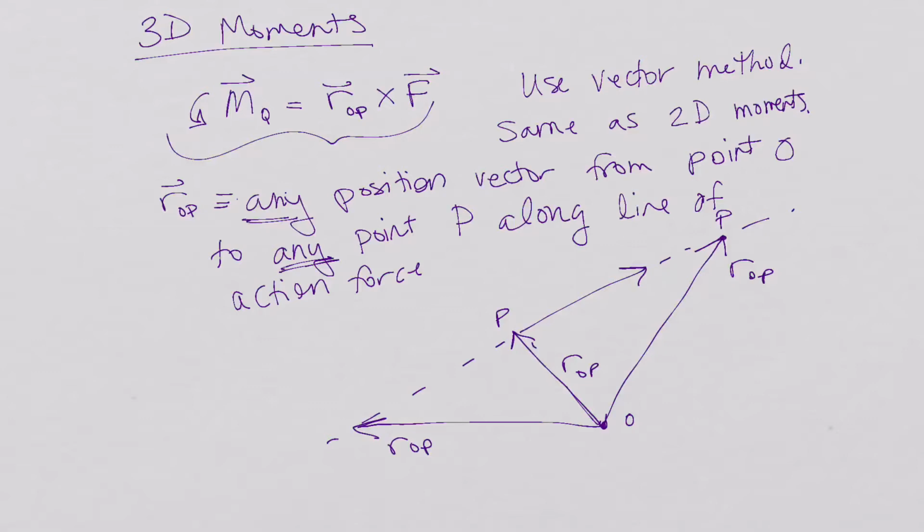I lied. There's one more thing I want to talk about, and that's couples. So with couples, you have two parallel forces with the same magnitude but opposite directions, and they're separated by a perpendicular distance d.